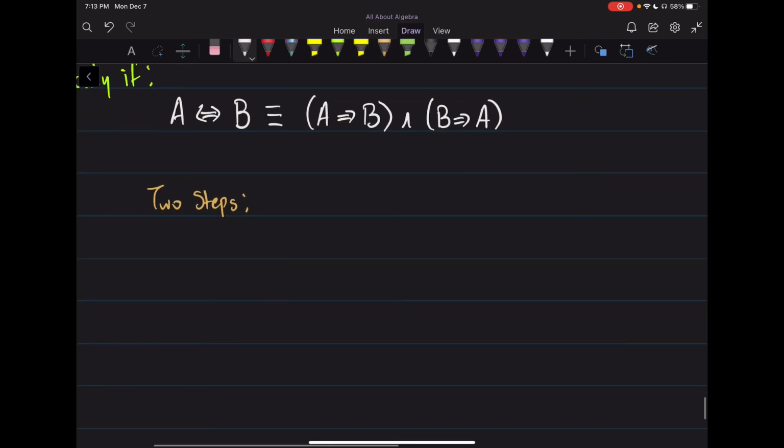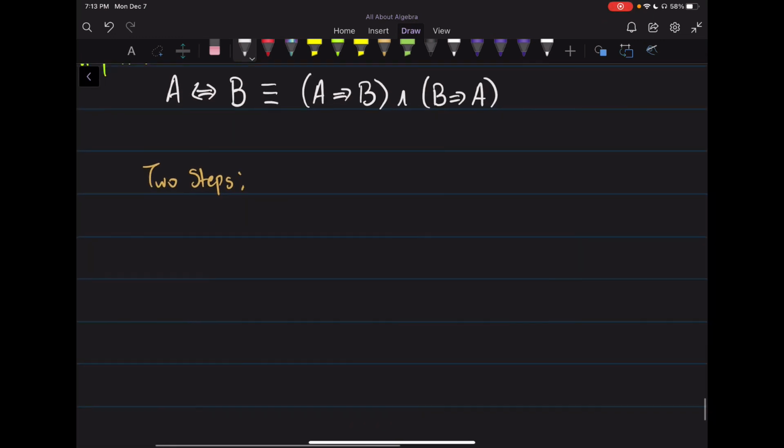You prove A implies B is true, then you prove B implies A is true.